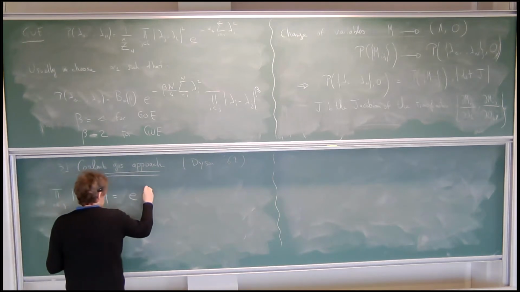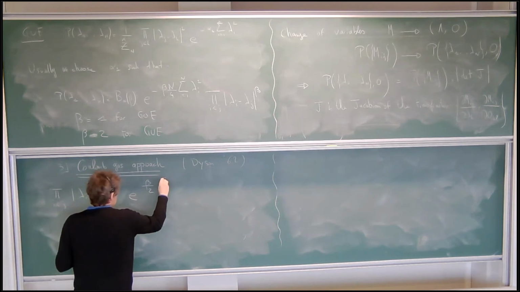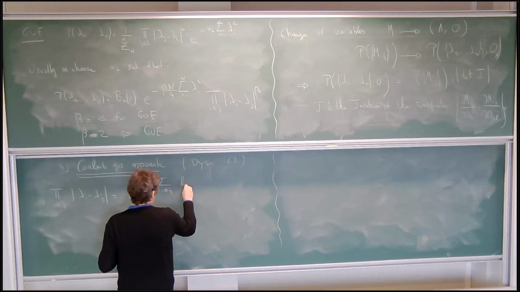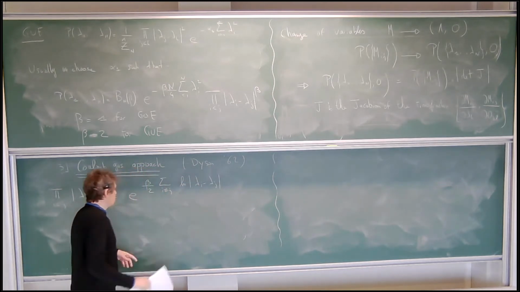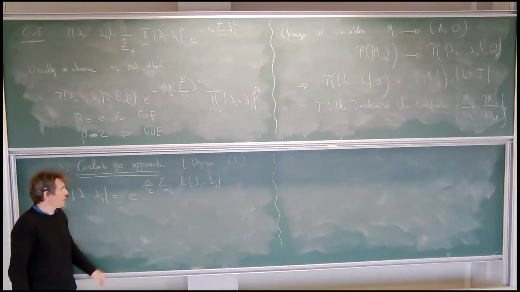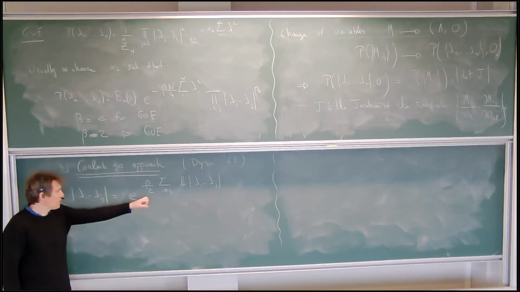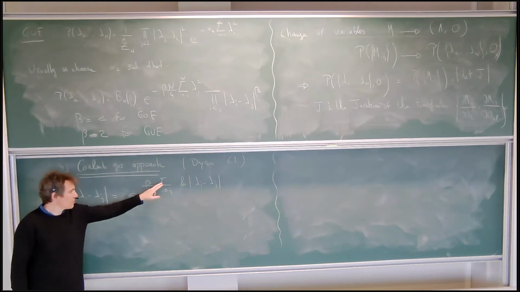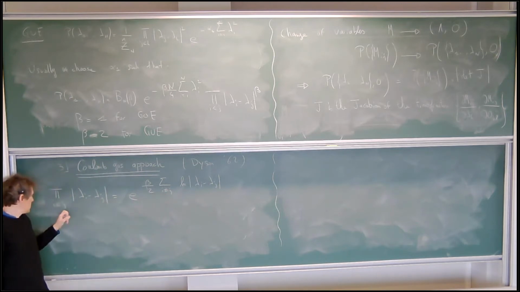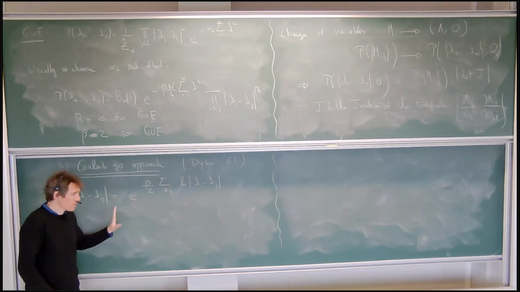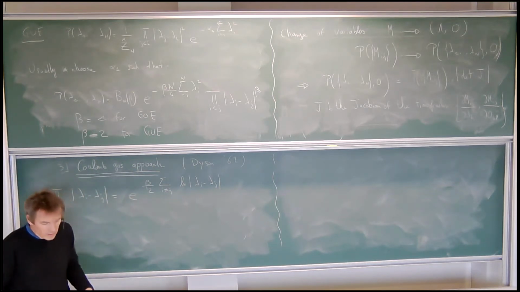This is just the exponential of beta over 2 times the sum over I different from j of the log of the absolute value of lambda I minus lambda j. I didn't do so much here. There is just a factor half here because it's slightly more convenient to sum here over all I and j, with I not equal to j, of course, while here I just have this inequality. So that's the only difference, but apart from that, this is just a trivial identity.